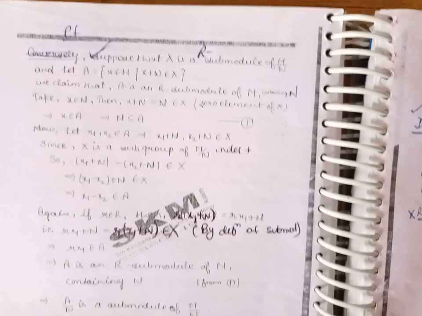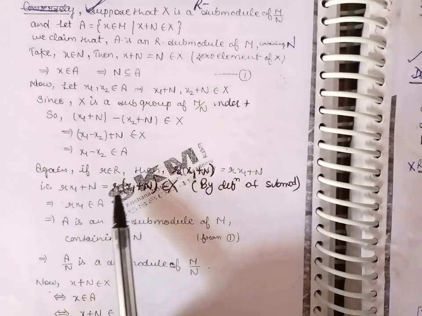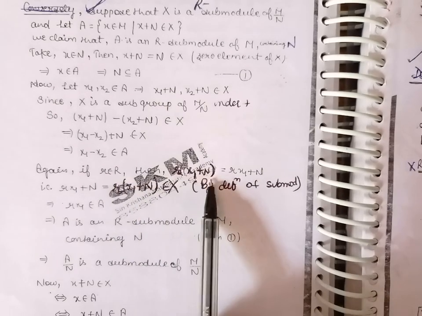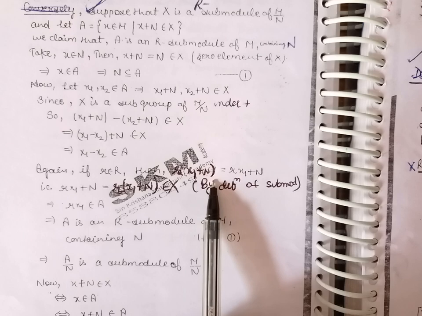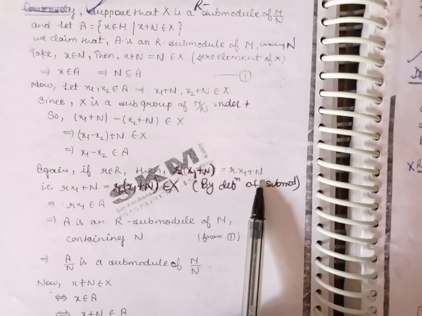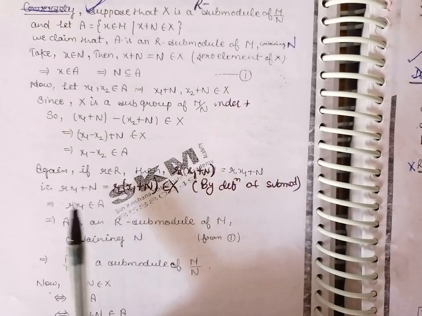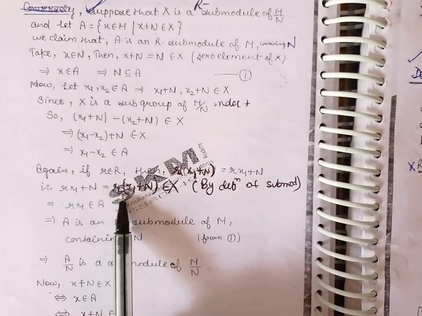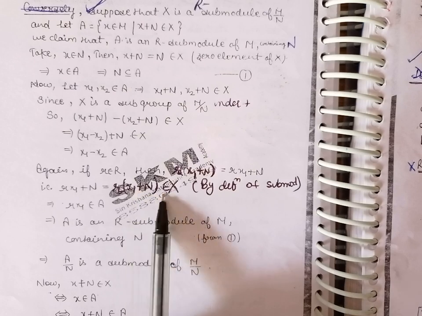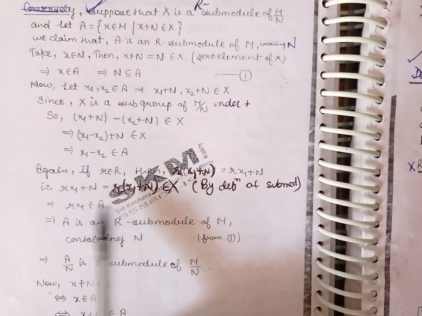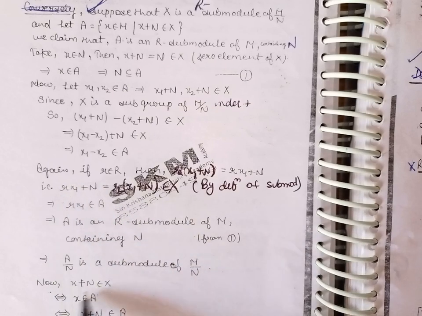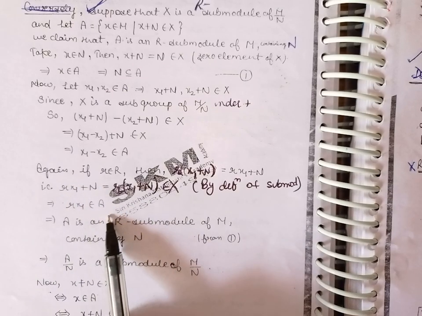In the second condition, let us take an element r belonging to ring R, and let us find r into x1 plus N. Now by definition of scalar multiplication in quotient module, this can be written as r into x1 plus N. By definition of submodule, this element belongs to X, and if this quotient belongs to X, then this element belongs to A. So we can say that r into x1 belongs to A.